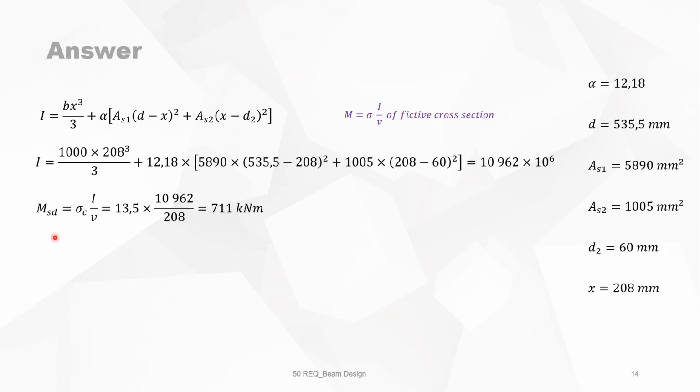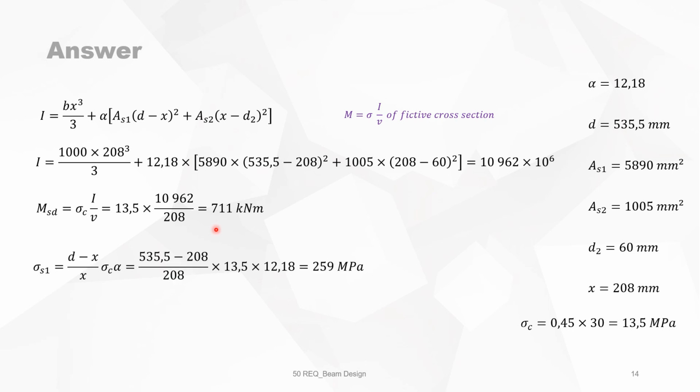The bending moment is then equal to the maximum concrete stress multiplied by I over v. And the maximum concrete stress in SLS QP is, of course, 0.45 times the characteristic value, which gives you 13.5. I we have calculated, and v is, of course, equal to x. So the bending moment in SLS QP is 712 kilonewton meter.